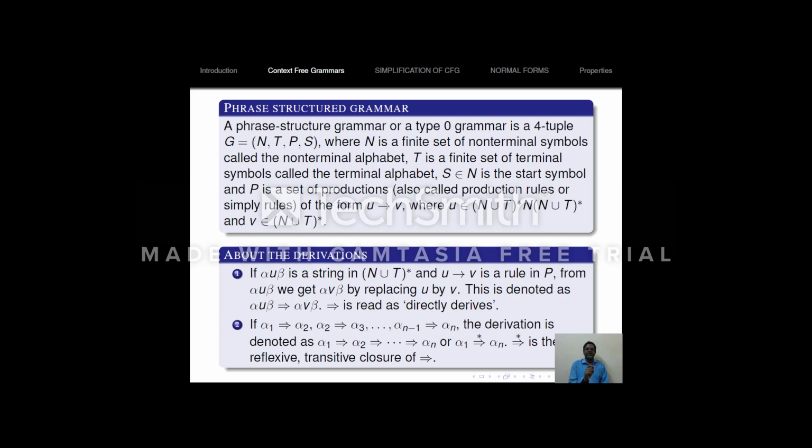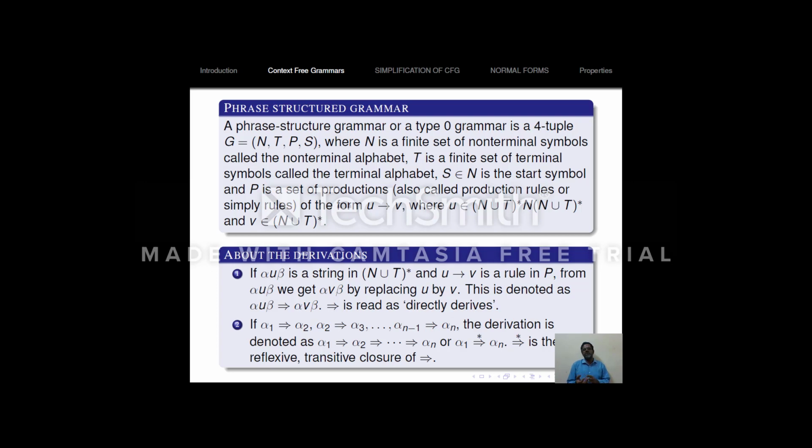And the way we write it, on the left hand side we write U, U goes to V. It is pronounced as U goes to V, or U produces V, where U is an element of (N union T)* N (N union T)*.